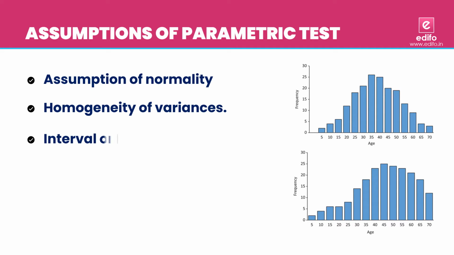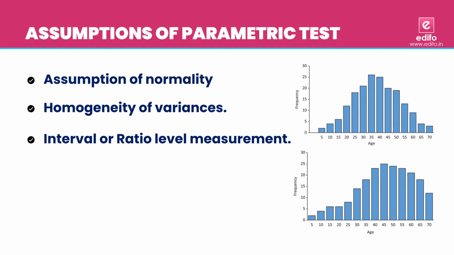The third assumption is interval or ratio level measurement. In a parametric test, the data should be in the interval or ratio scale. If you are using SPSS, the interval and ratio are measured as scale.